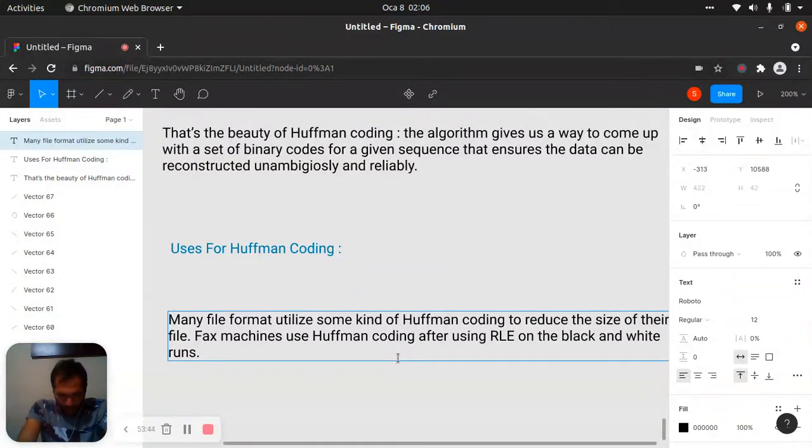So it's saying fax machines use Huffman coding after using run length encoding on the black and white runs. This is also very good.